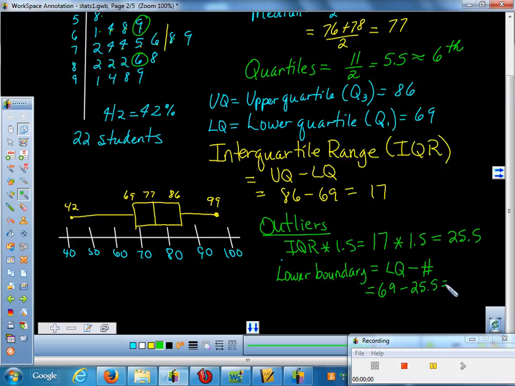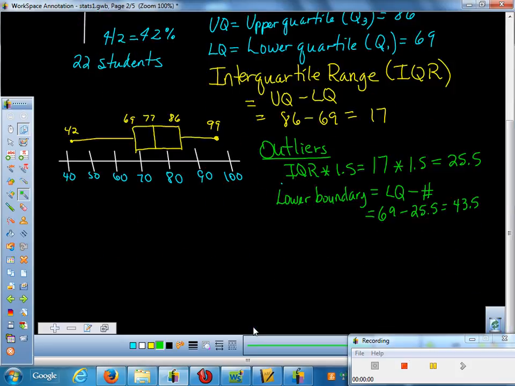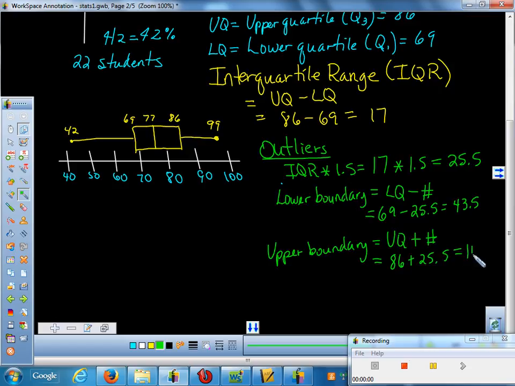That is going to give me 43.5. I'll come back and deal with that in a minute. On the other side, if I want to know the high side boundary for my outliers, I would do the same thing, except I would start on the top edge of the box, which is the upper quartile, and I would add the number we calculated. So I would have 86 plus 25.5, which is 111.5.